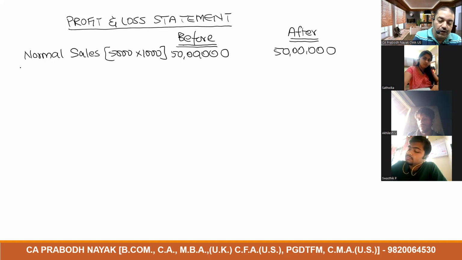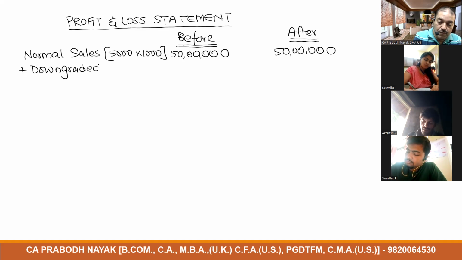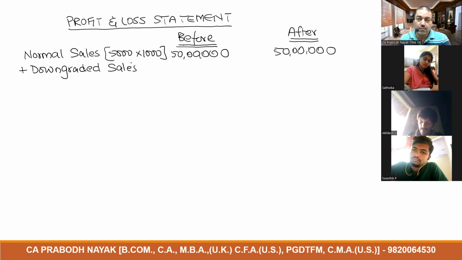Plus downgraded sales, at 30% discount, meaning at 700 each.